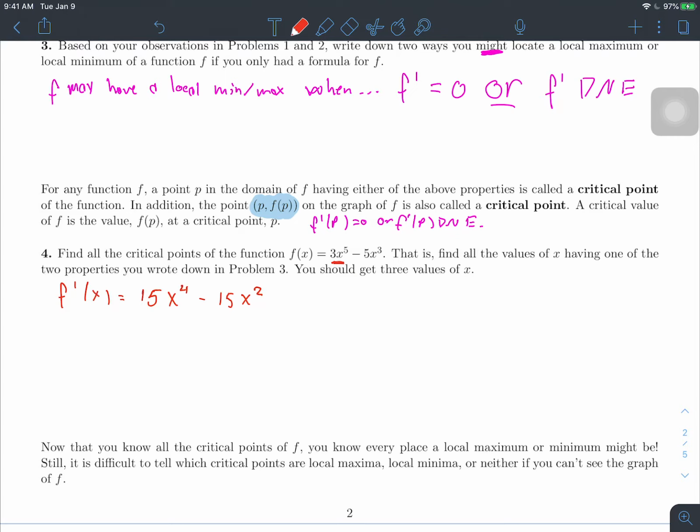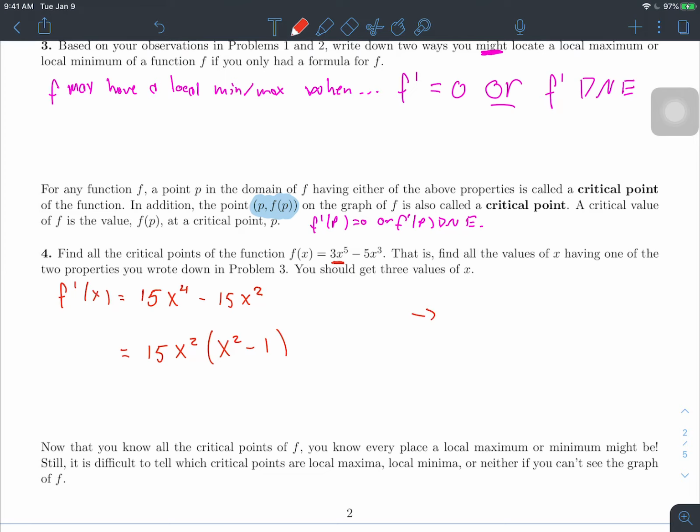Okay, so if you had a graphing utility, you could graph this function using Wolfram Alpha or your graphing calculator or whatever. It's going to look sort of like a parabola, basically. We could factor this, for example. You take out a GCF, 15x squared times x squared minus 1, right?